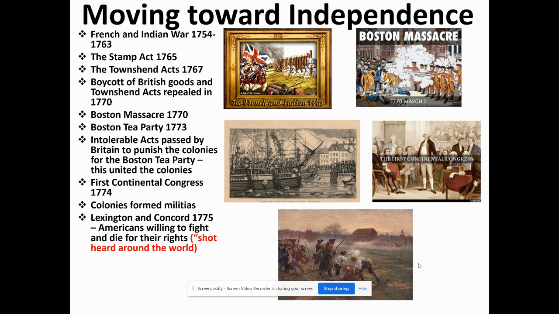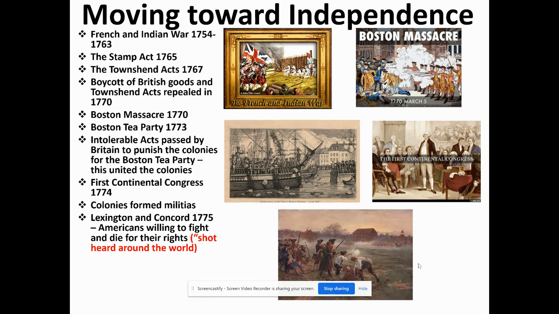So it can either be a military massacre where you just wipe out the other side, or you can have an unarmed group. In this case, the way that the newspapers wrote about it, it made it sound like you just had these young men that were walking down the street minding their own business, and the British soldiers that were there attacked them and killed them. And so now what we have are Americans or colonists that feel like they're being attacked by the British.